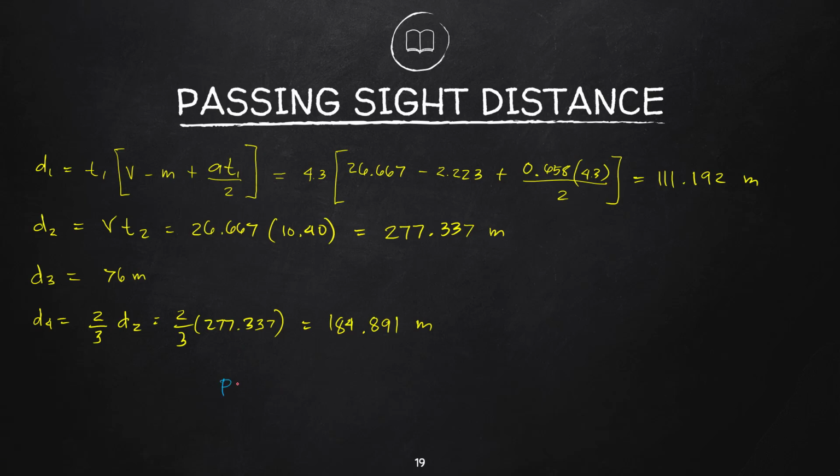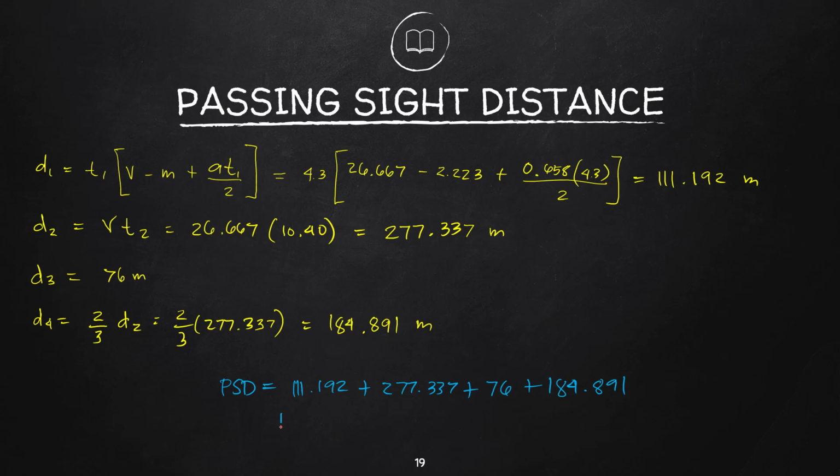So PSD is equal to 111.192 plus 277.337 plus 76 plus 184.891.